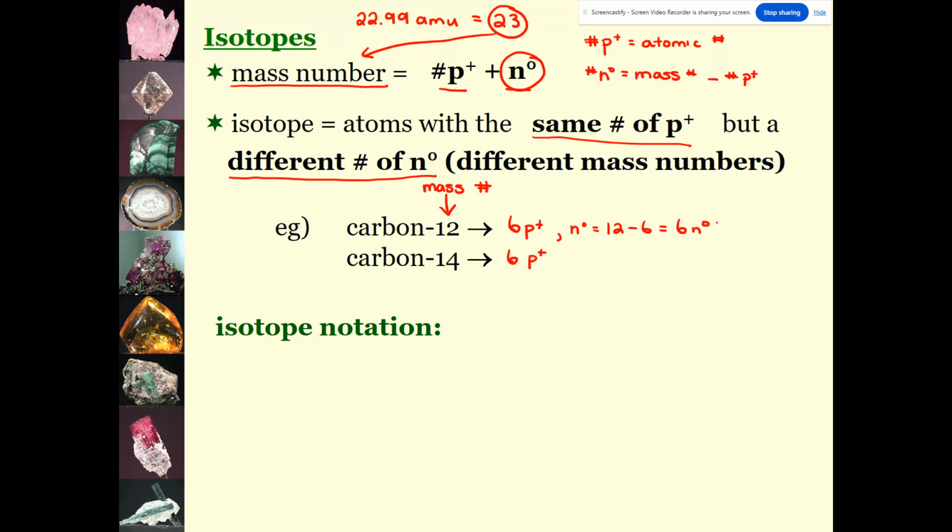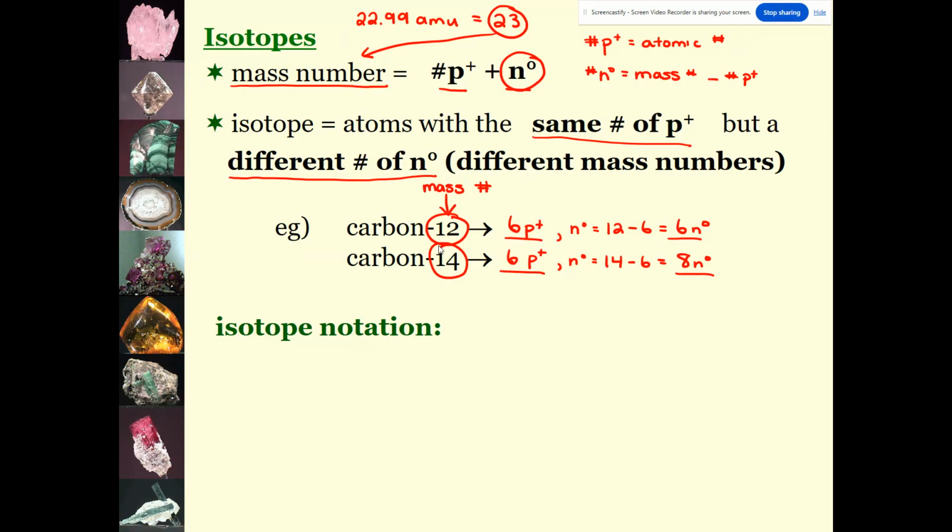There are 6 neutrons in carbon 12. But in carbon 14, to find my neutrons, this time my mass is 14. So when I minus the protons, this time I get 8 neutrons. Okay? So they have the same number of protons, but a different number of neutrons, which gives them different mass numbers and makes them isotopes of each other.